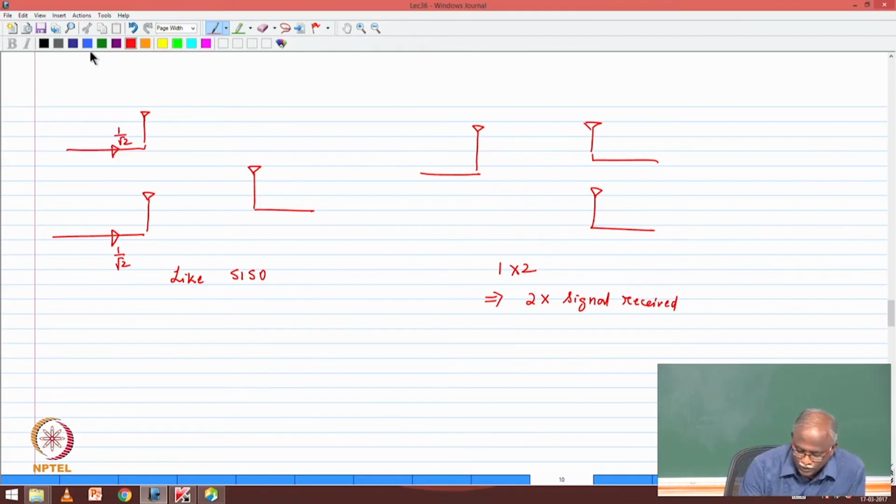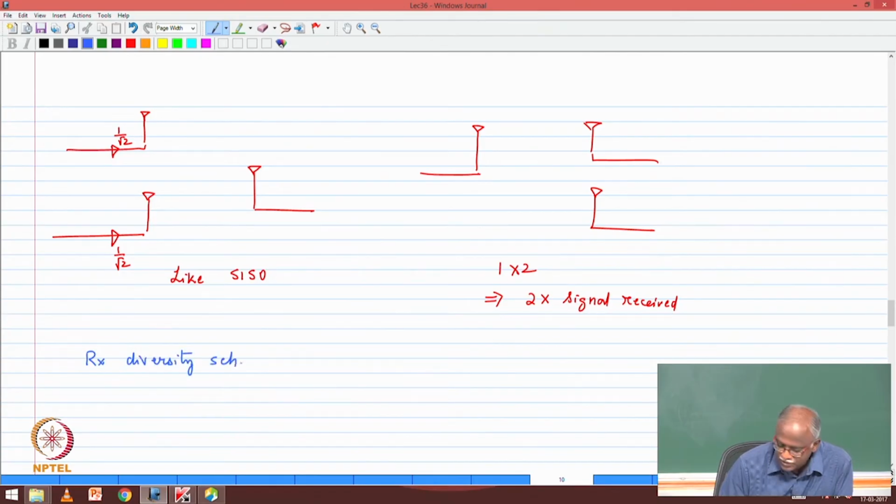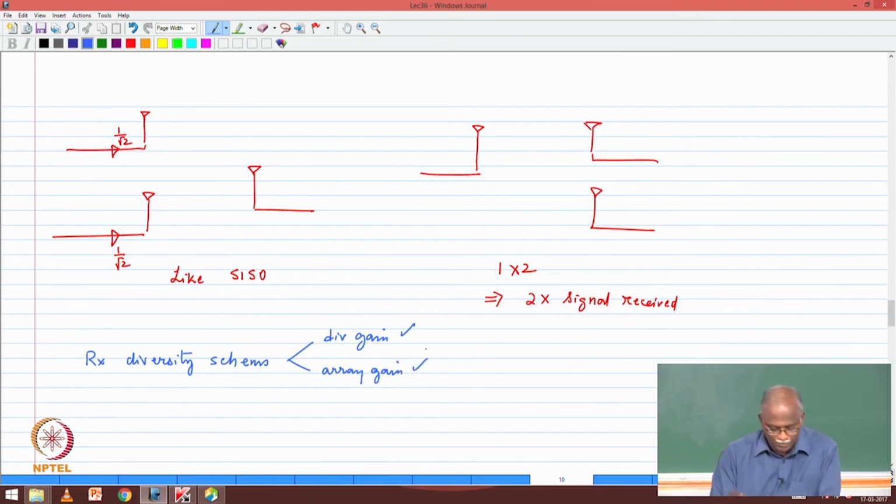So a good statement to summarize would be: RX diversity schemes will have diversity gain, yes, and they will have array gain, yes. How much array gain and how much diversity gain depends on which diversity scheme you have implemented.